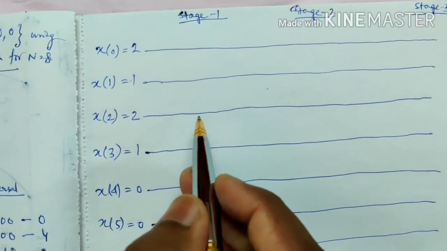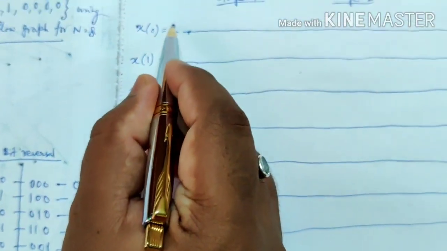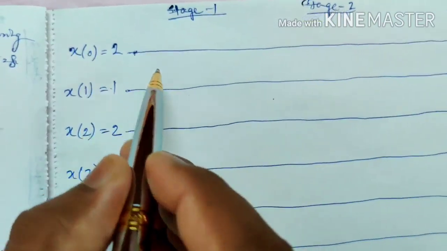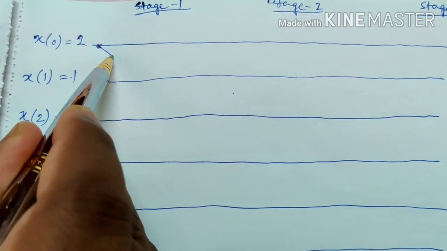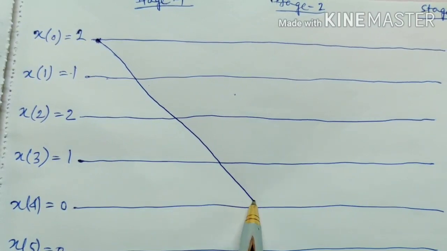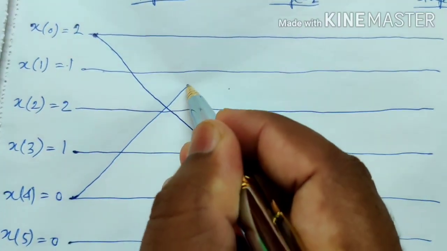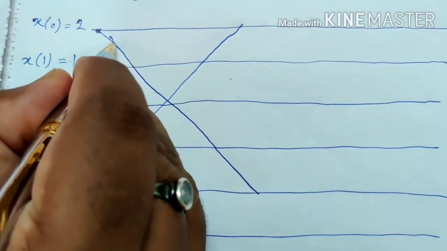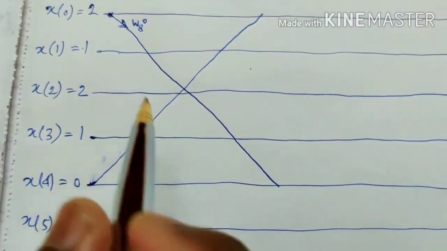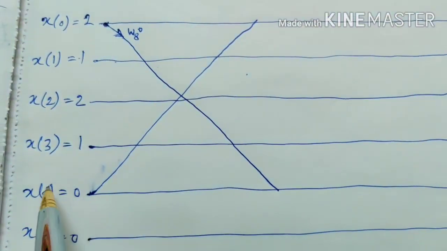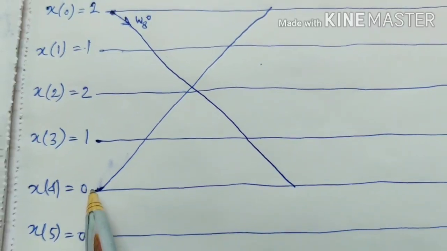So stage 1. This point will be taken as A, and from here to number 4, this will be taken as B. So here the twiddle factor is omega 8^0. The first multiplication considers x0 as A and x4 as B. The value of A is 2 and the value of B is 0.